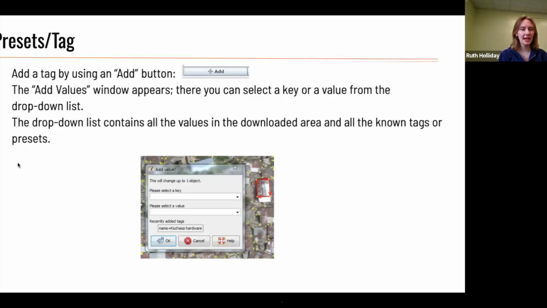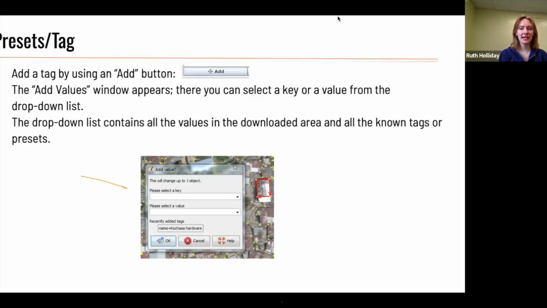If you want to use presets when you're tagging, they're a really helpful tool. They are shortcuts used for tagging. You can use a tag by clicking the Add button, and the Add Values window will appear. There you can select a key or value from the drop-down list.